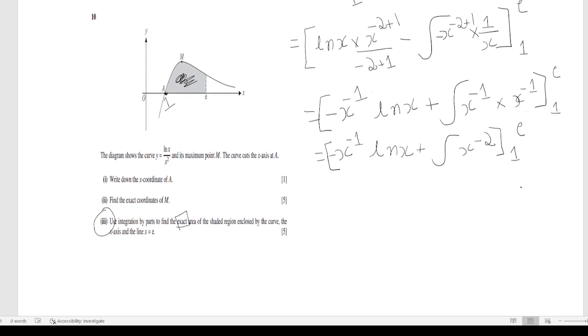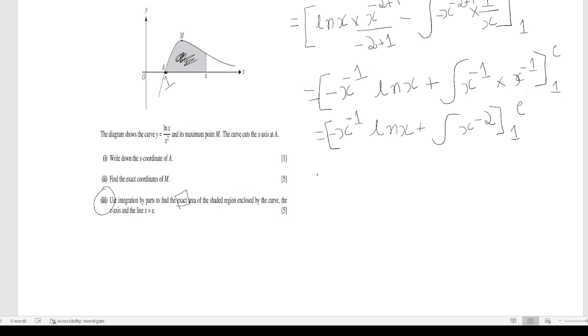So we're going to write it as it is. So it's going to be minus, let me write it as 1 over x ln x, plus x to the power minus 2 plus 1. Now we are integrating this, minus 2 plus 1, and what are the limits?